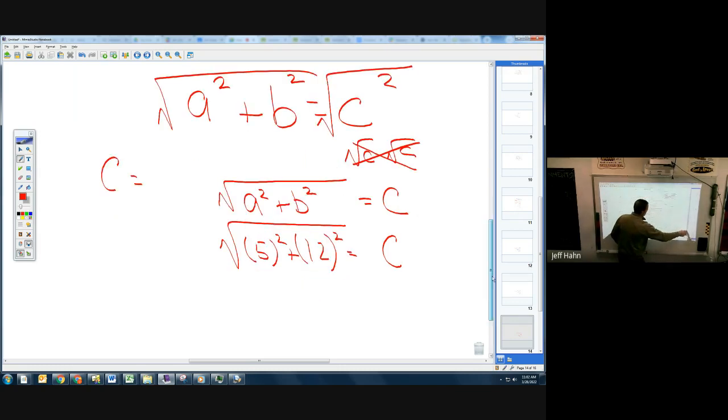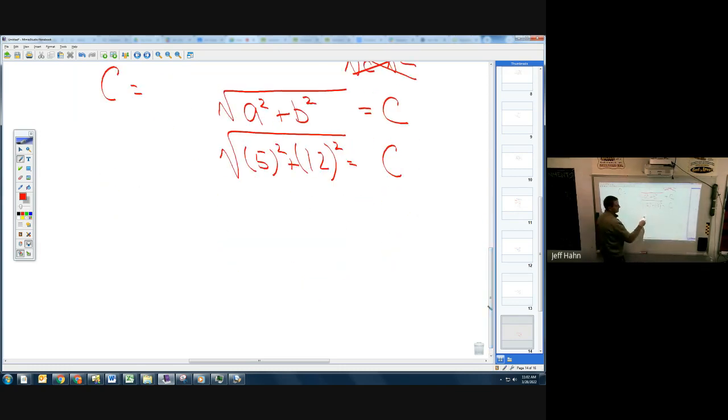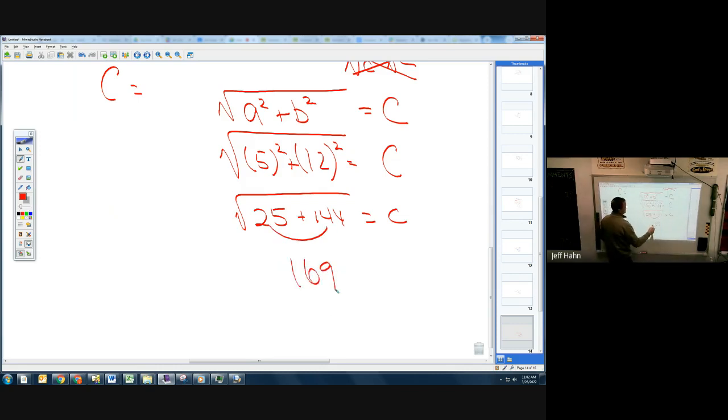Let's try. What is 5 squared? Anybody? What's 12 squared? And that should equal C. What is 25 plus 144? 169, thank you. Is the square root of 169 going to give me 17?